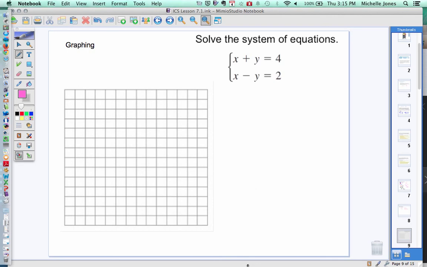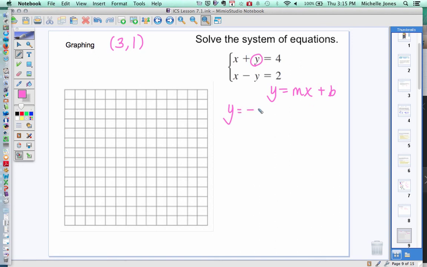We're going to use the same two equations and solve for the solution, which we saw was 3, 1, by graphing. So in order to graph a linear function, you want it in y equals mx plus b form, or you can use slope-intercept. Let's just do y equals mx plus b to remind ourselves of how that works. So you put both equations in that form.